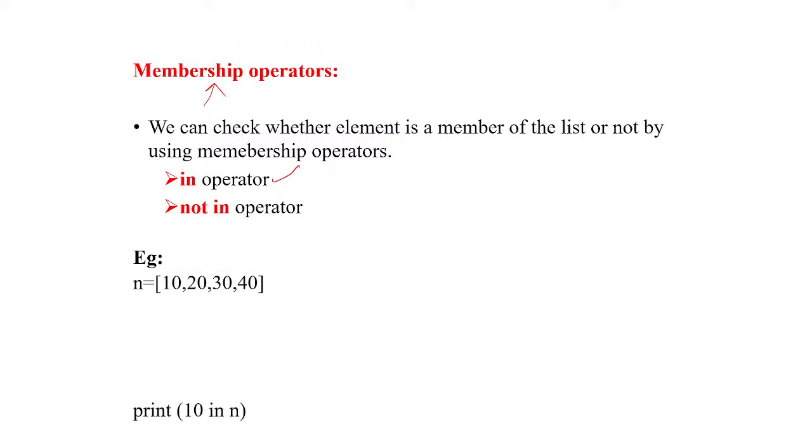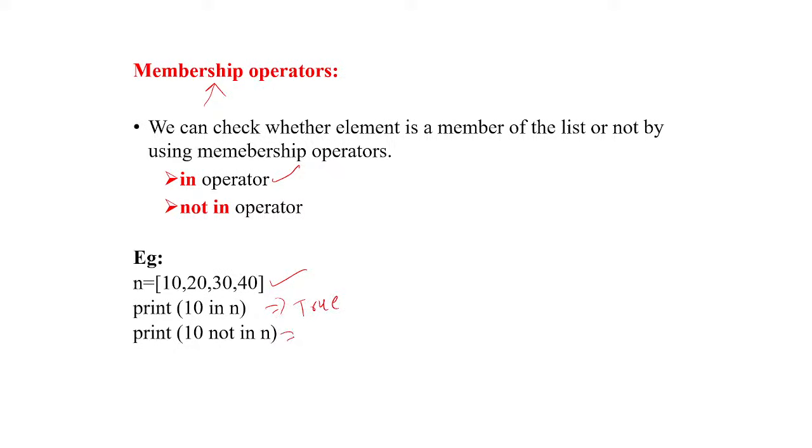Example, you can see n value I have 10, 20, 30, 40. Now I can say 10 in n, whether 10 is present in n, yes or no. If it is yes, it returns true, otherwise it returns false. Since 10 is present, here we get the result as true. And 10 not in n, 10 not present in n, no. Here it is present, so we get the result as false.